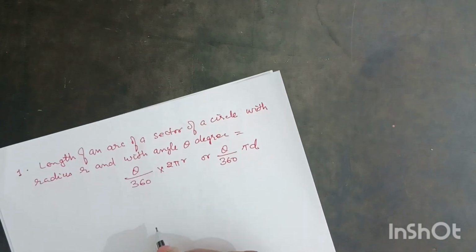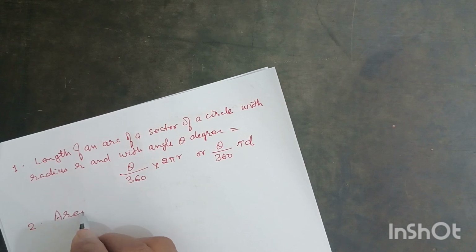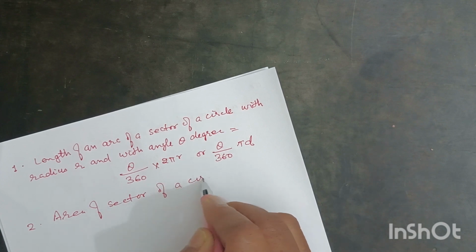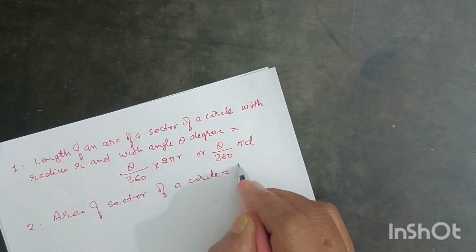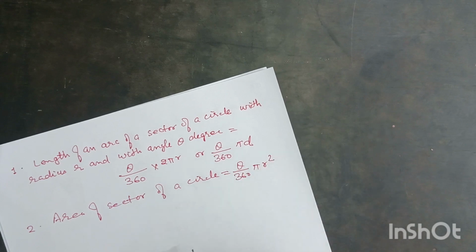D stands for diameter. Second formula we have used, area of sector of a circle, that is theta upon 360 pi r square.